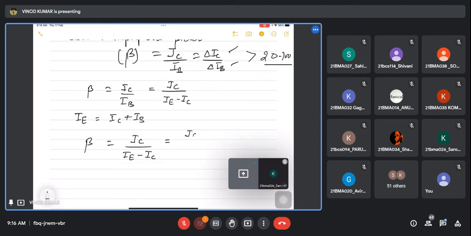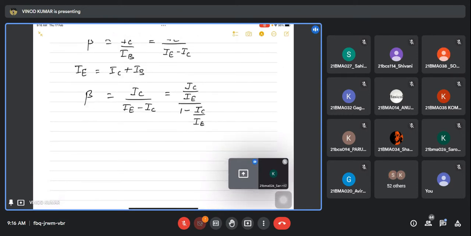If I take this common, it is modified like this.